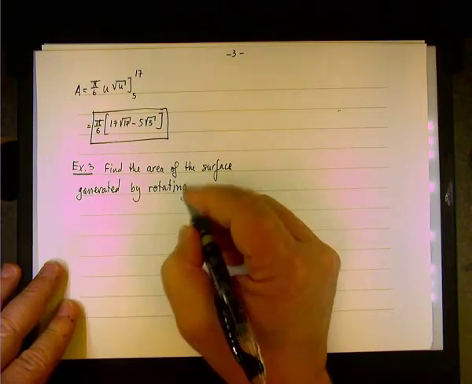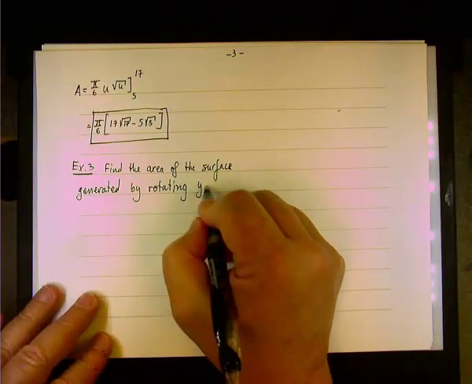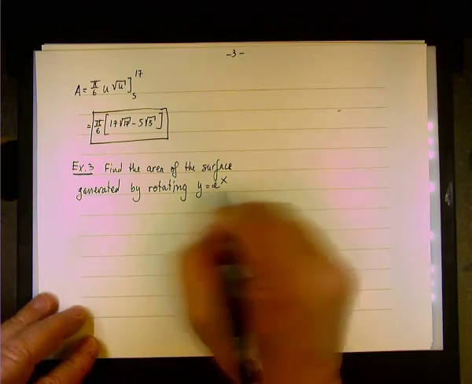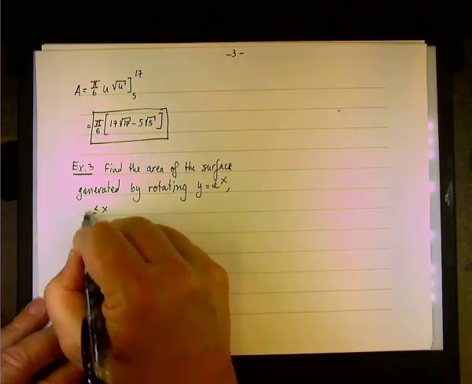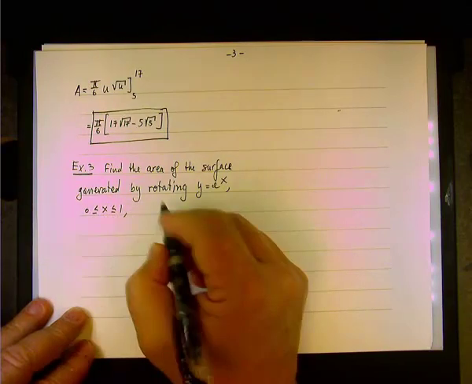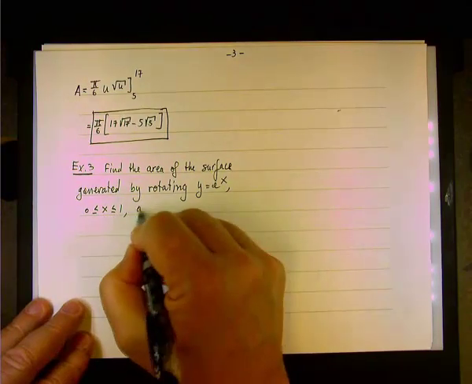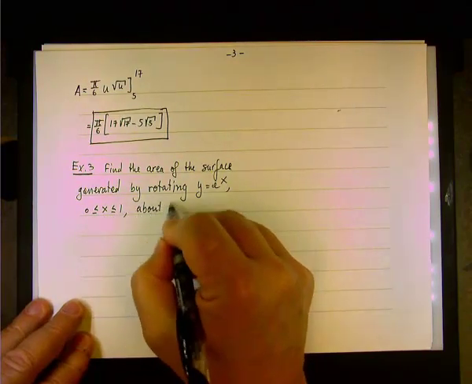Rotating what? Rotating y equals e to the x, where x is a value between 0 and 1. And let's rotate it about the x-axis.